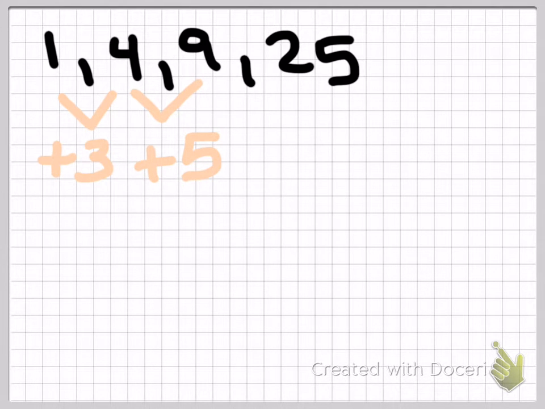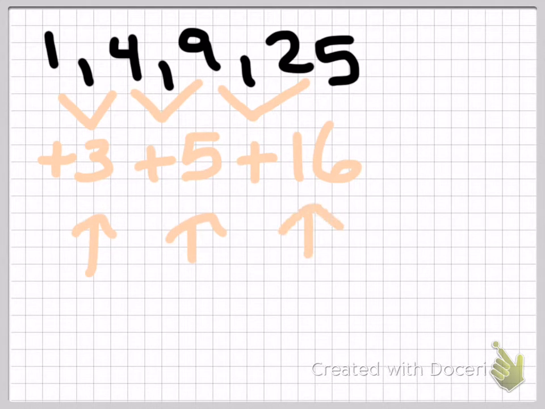And then we go from 9 to 25, which is adding 16. So this does not actually have a common pattern, meaning the rates here are not all the same. So I would say no, because it does not have a common rate.